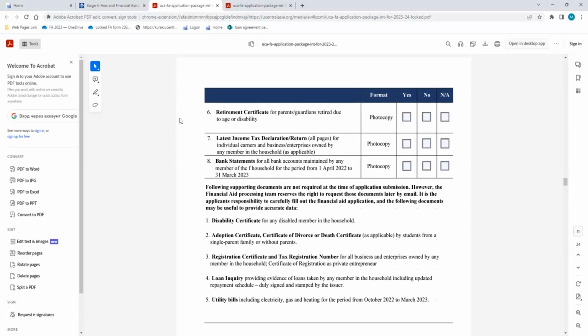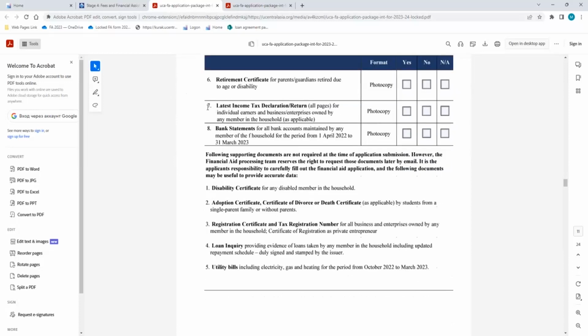It's a certificate that proves that the person is receiving some pensions, or is retired due to some disability. And the seventh document is the latest income tax declaration return.